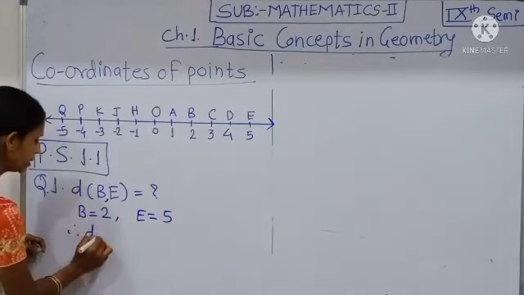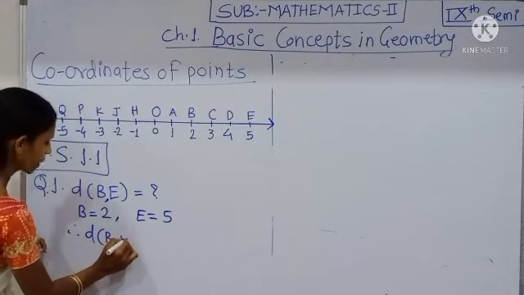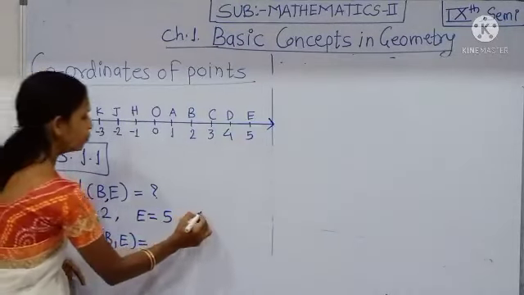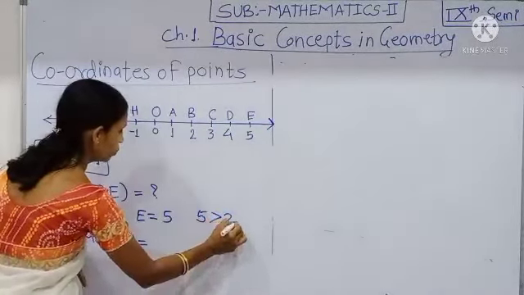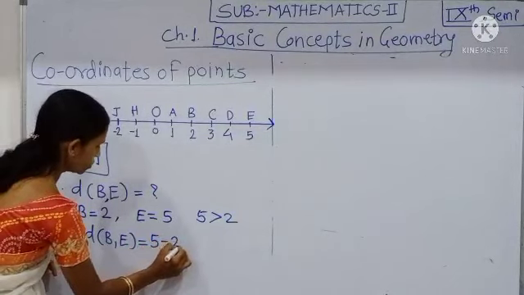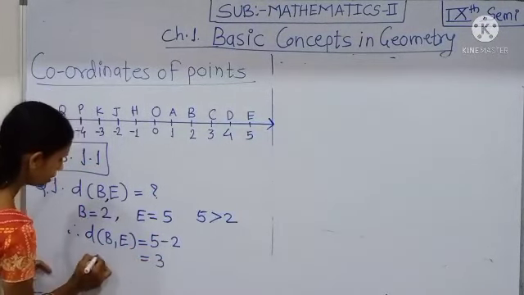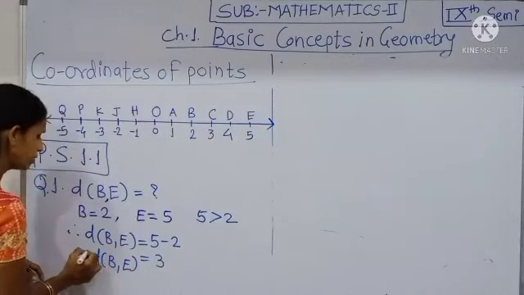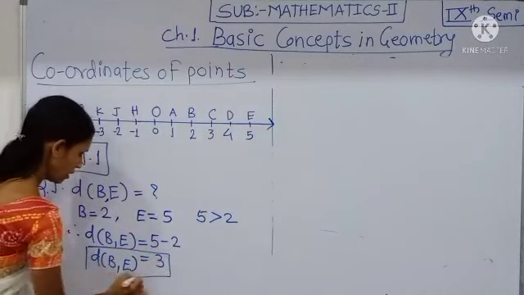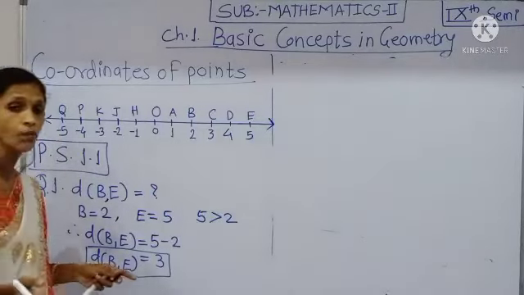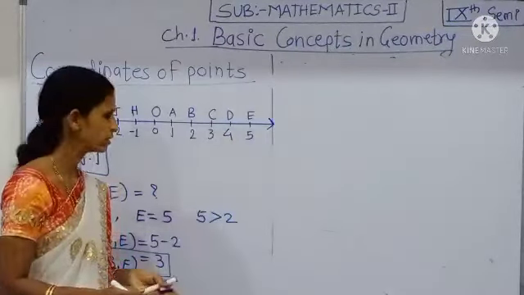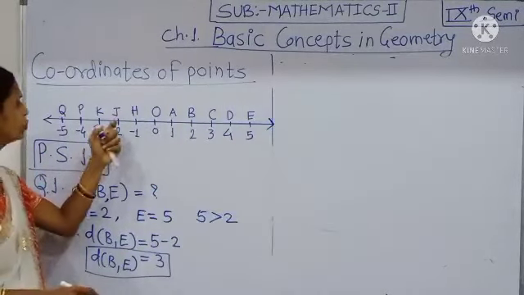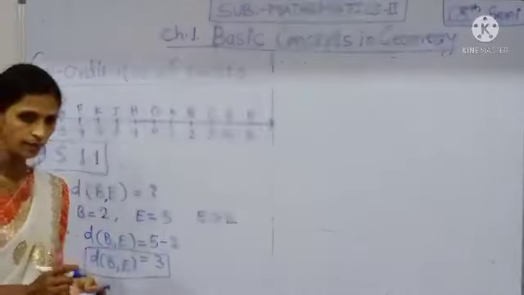Therefore the distance between B and E, see here, 5 is greater than 2, so 5 minus 2 is 3. Therefore the distance BE is 3. You can solve the remaining examples in question number 1 using this number line.